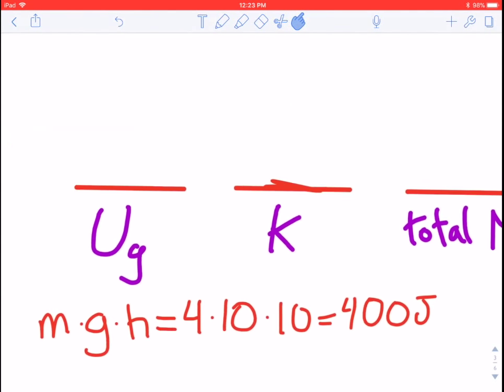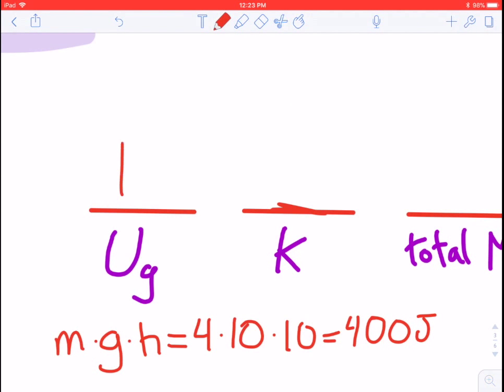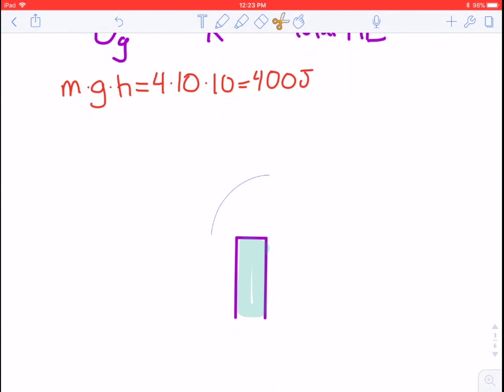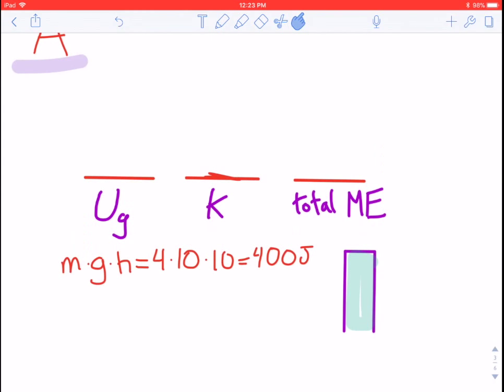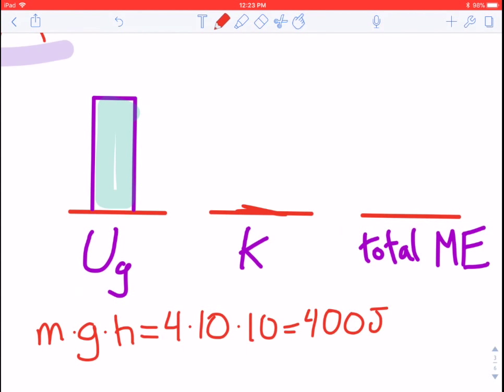So we draw a little bar graph that represents 400 joules of energy wrapped up in this gravitational field, with the bowling ball lifted in the air.